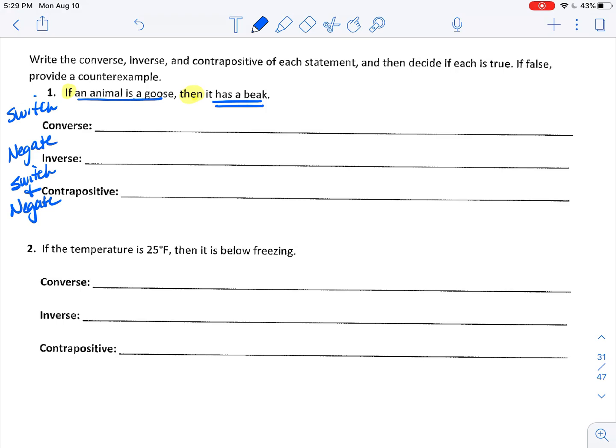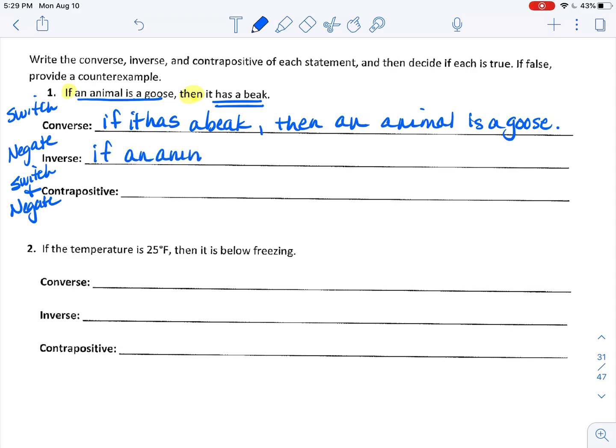Okay, let's do this. The converse: if it has a beak, then an animal is a goose. The inverse, we negate the conditional.